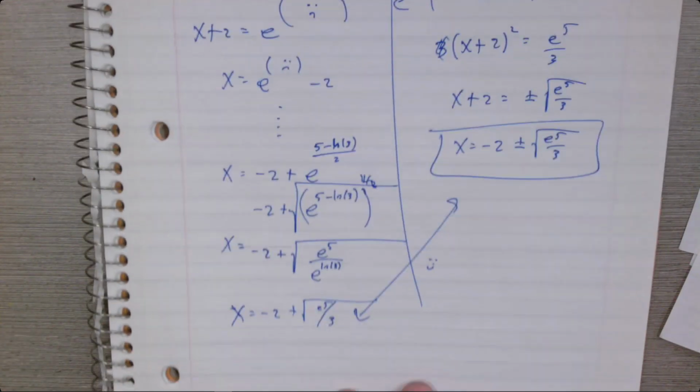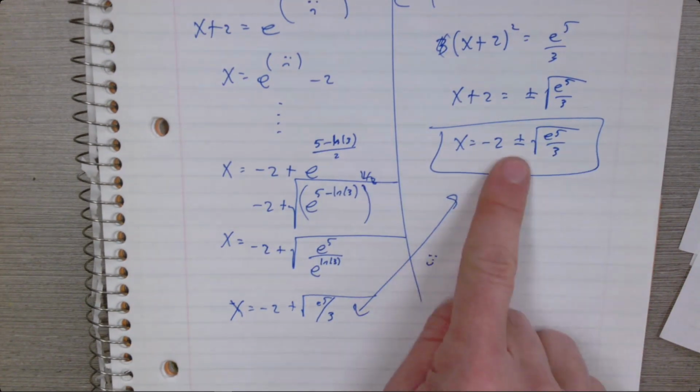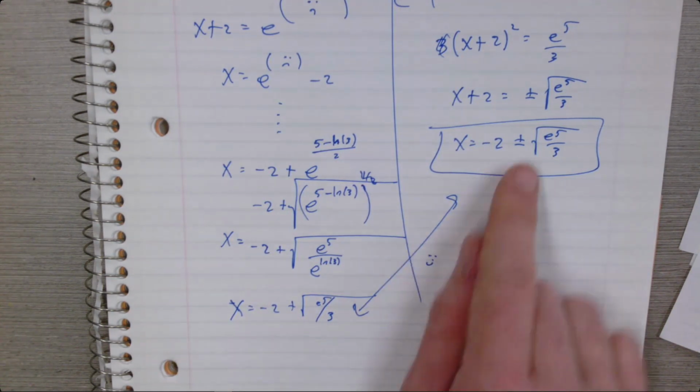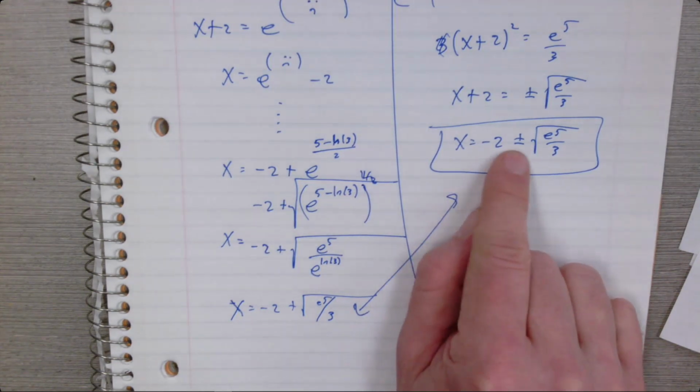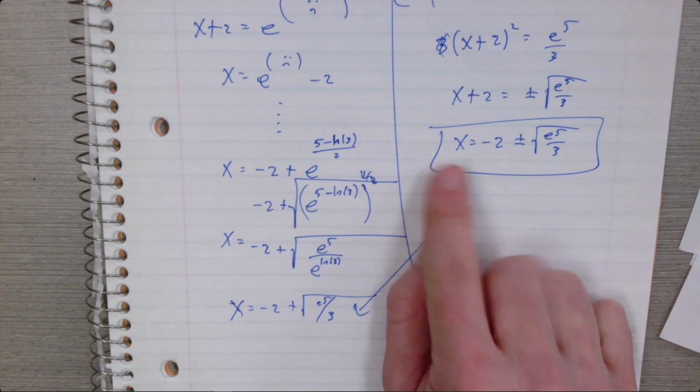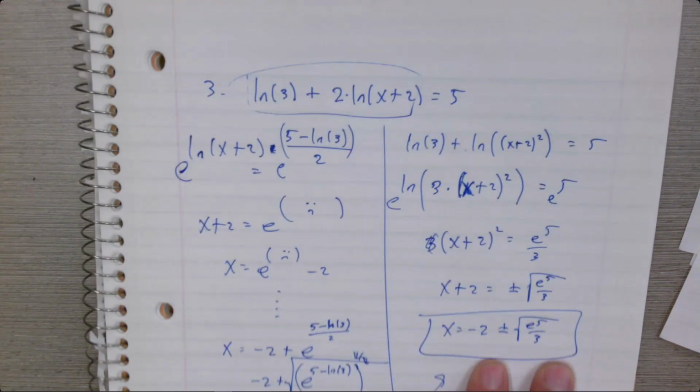The last bit, which you may have noticed, is here I've got a plus or minus. Here I've just got a plus. Let's do that thing again where we check to make sure all our answers would work in the original equation. If I have negative 2 minus the root, which is a positive number, that means my overall x value is going to be negative.